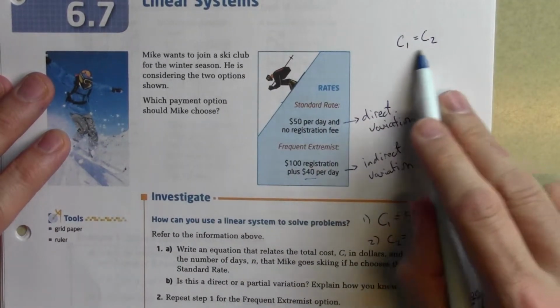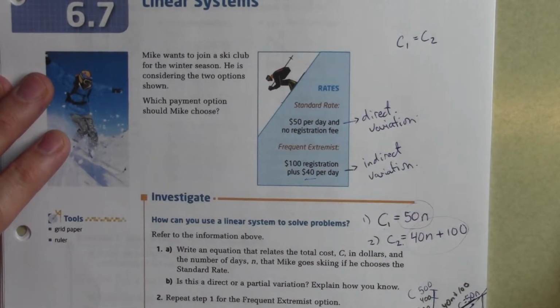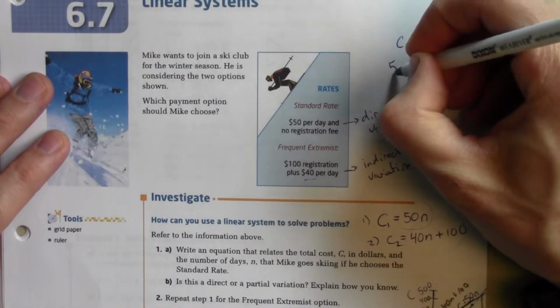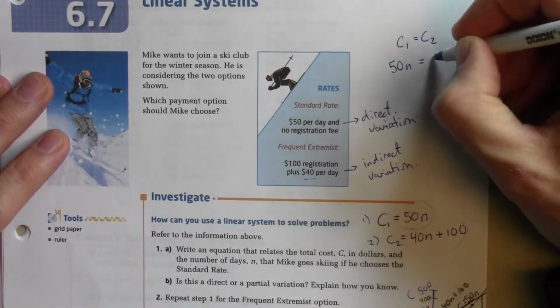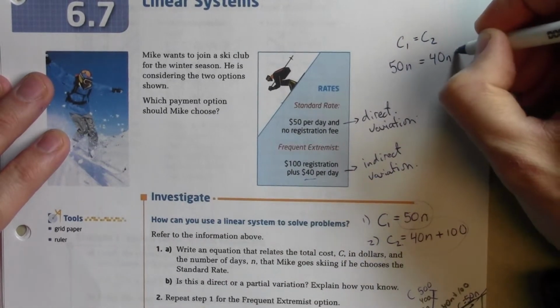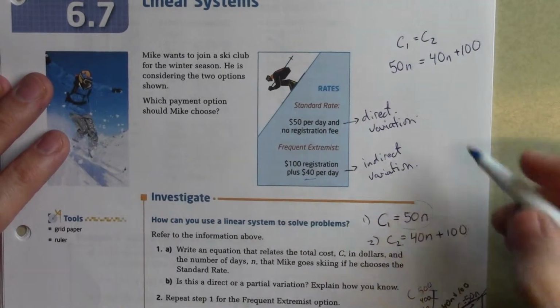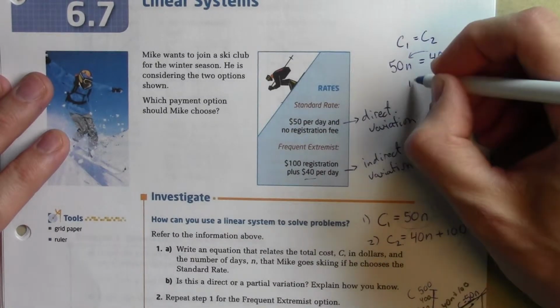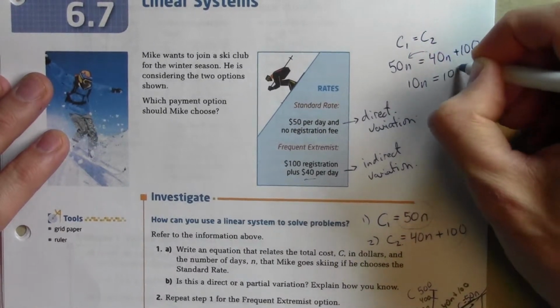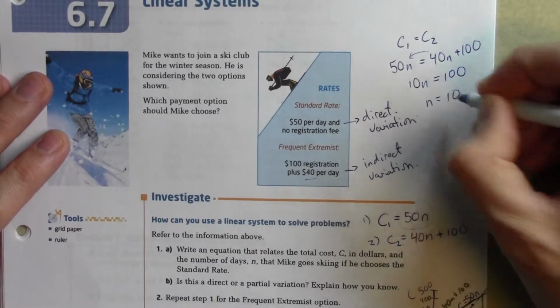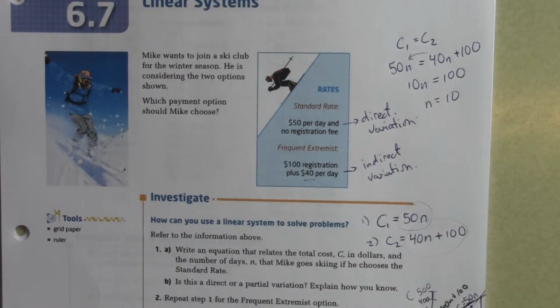So we want to know when are these two costs the same, right? At what day? So now we substitute in 50n for cost 1 and 40n plus 100 for cost 2. Now the 40n comes over, we get 10n is equal to 100, n is equal to 10. You see that? Yeah, so it's very easy. You don't have to think about anything, you just make the cost the same.